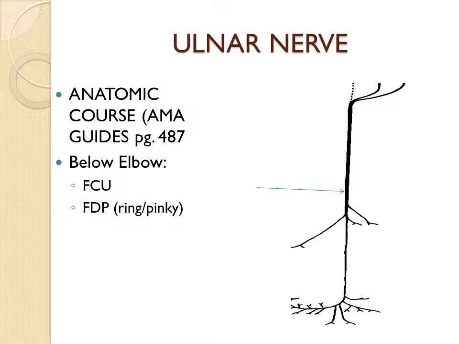Now, the AMA guides give us a good depiction of the ulnar nerve, and as I said earlier regarding the radial nerve, I like the diagram in the AMA guides on page 487.